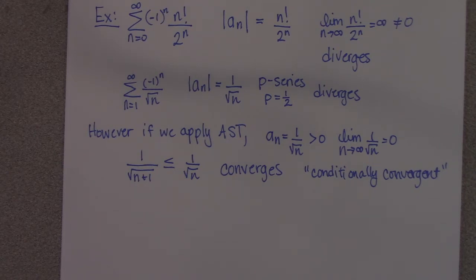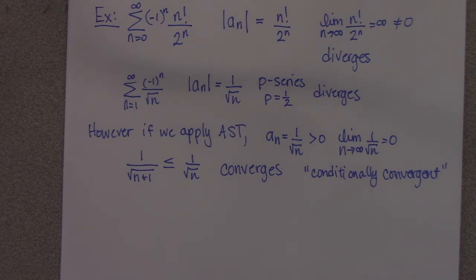The absolute value is going to diverge, but when we take the nth term, they'll be positive. The limits of those p-values will definitely go to 0, and no matter what kind of root you put here, they are going to decrease over time. So these p-series that diverged will pass the alternating series test when they alternate, so they're all conditionally convergent. So that's something, if you can remember, you can cite, right?